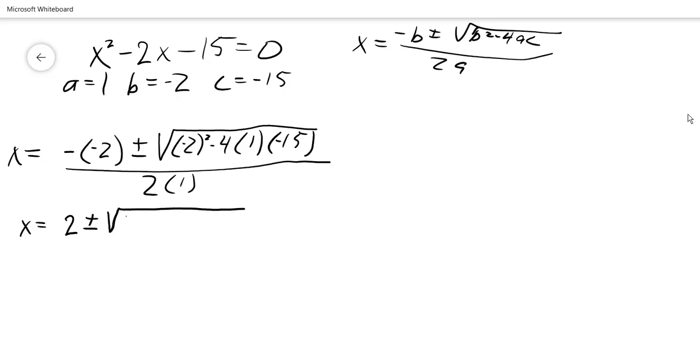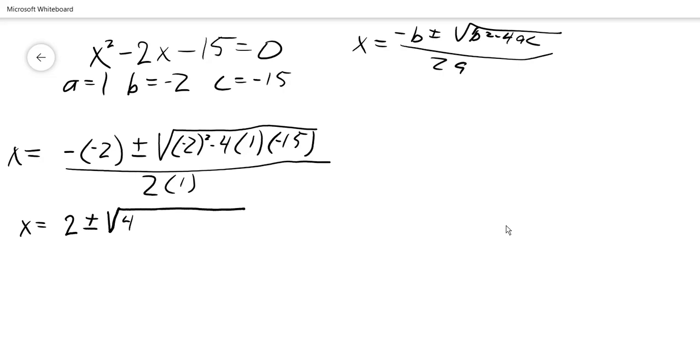Negative 2 squared, positive 4. Negative 4 times 1 is negative 4. That's going to be times negative 15. I'm just going to go ahead and do all that multiplication now. So that's negative 4 times 1 is negative 4.